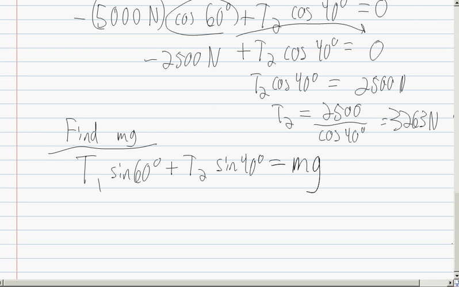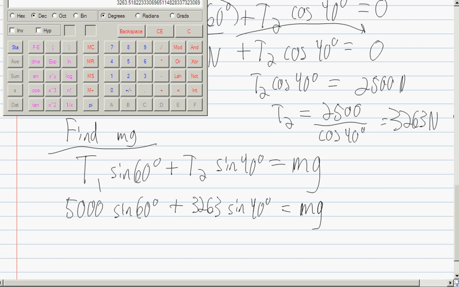Good. So we're going to take 5,000 sine of 60 degrees plus 3263 sine of 40 degrees. And that'll give us mg. We can solve for mass if we want, but we don't have to. This is going to be 5,000 times root 3 over 2, or 0.866.